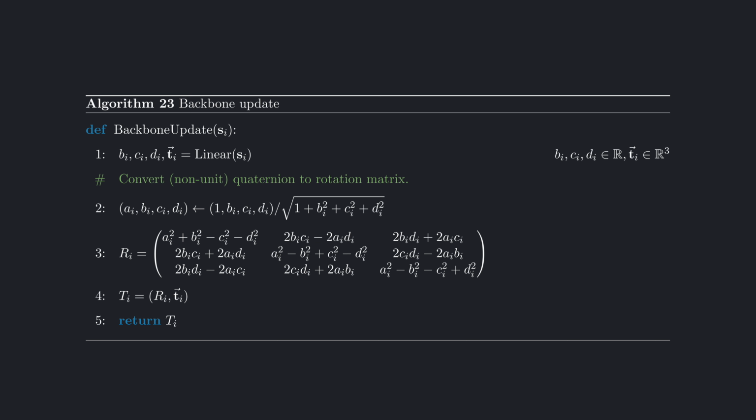One thing to note here is that the network doesn't predict 4 values, but only 3 for the rotation. The quaternion is constructed by padding with a 1 as the scalar part and then normalizing it. This might be a bit surprising, given that in the last video we stated that for uniform rotation we predict 4 Gaussian values and then scale these to norm 1. The reason AlphaFold doesn't follow this method is due to the iterative nature of the structure module. If we had a single-shot prediction, we would directly want a uniform rotation.